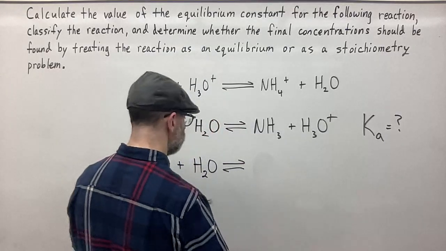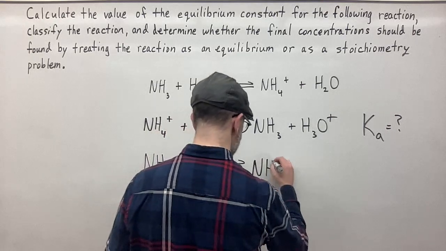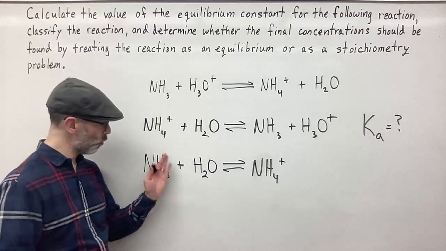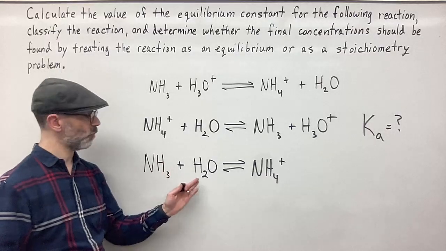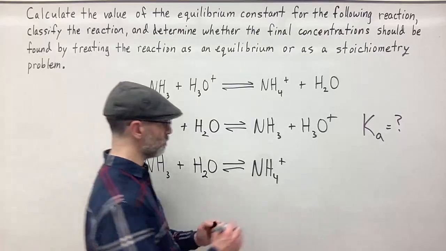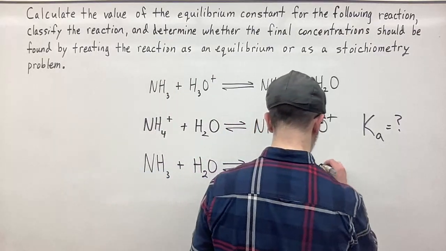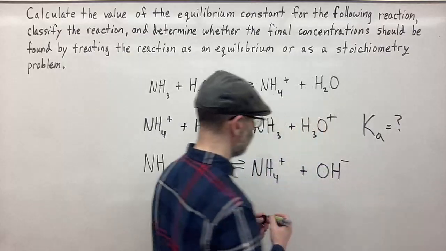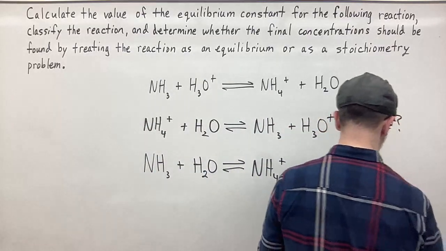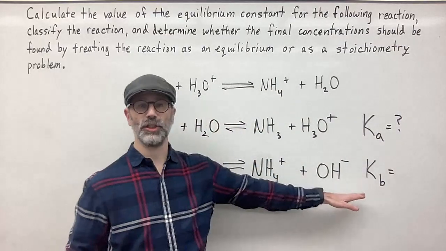So let's write this NH4 plus. So the ammonia is going to take a hydrogen from water, and that's going to form the conjugate acid ammonium plus the leftover hydroxide ion.